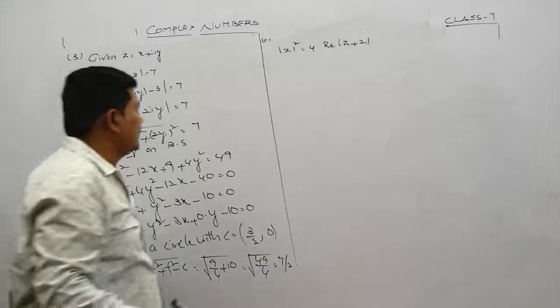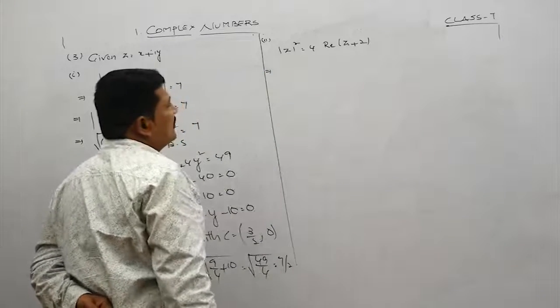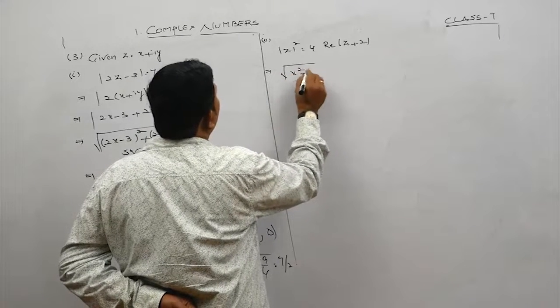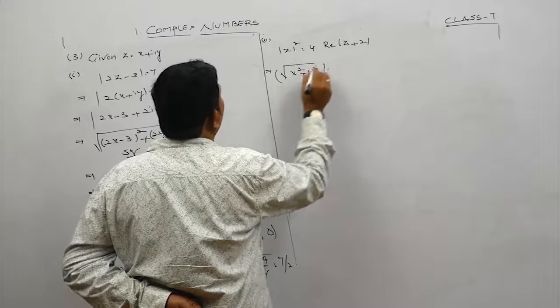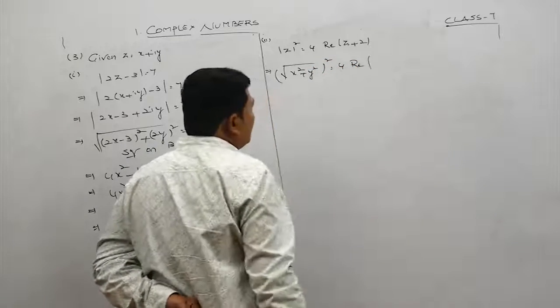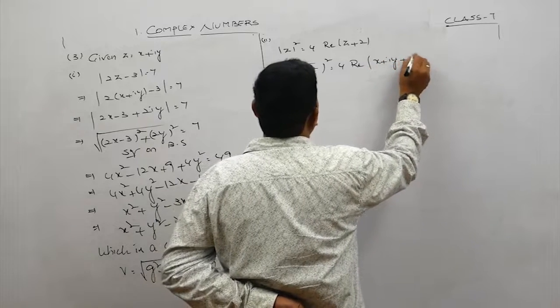Again see mod z square, so mod z means root x square plus y square, root x square plus y square whole square is equal to 4 into real of z plus 2. z అంటే x plus iy plus 2.